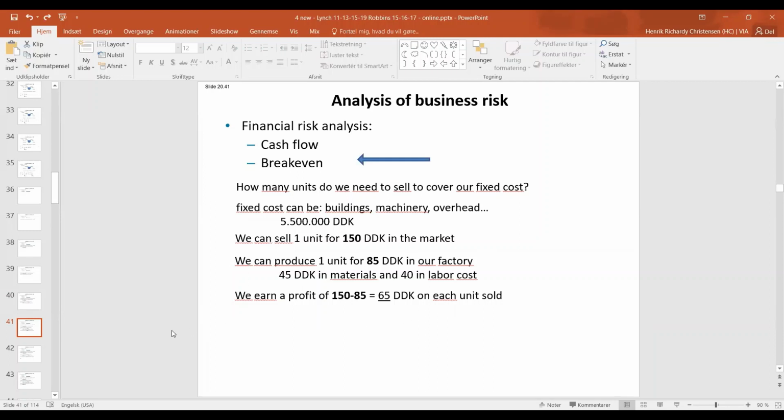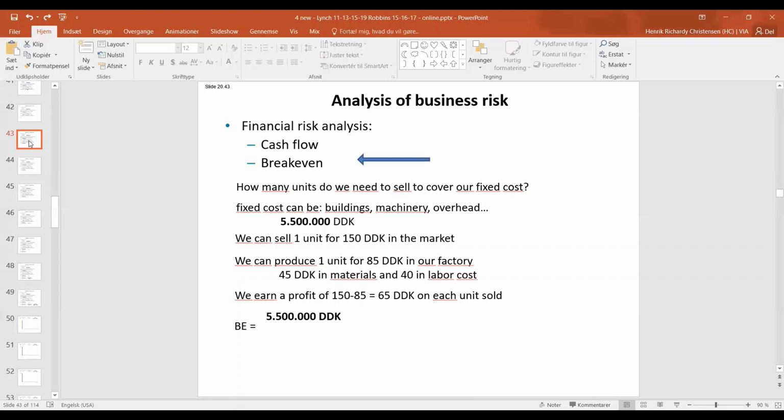So now it's pretty straightforward to say that the break-even point, defined by how many units we need to sell, is the amount of fixed cost, that was the 5.5 million, and then we divide that by the 65, and that equals 84,616 units.